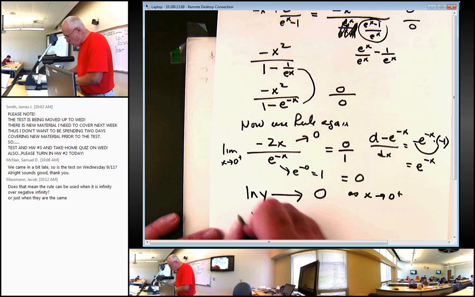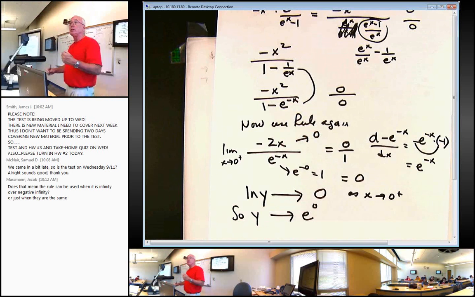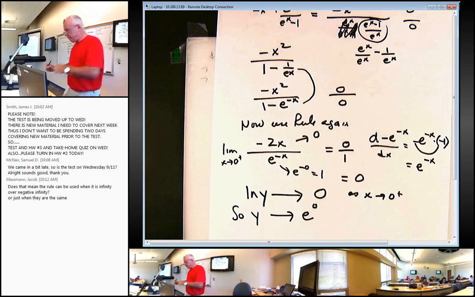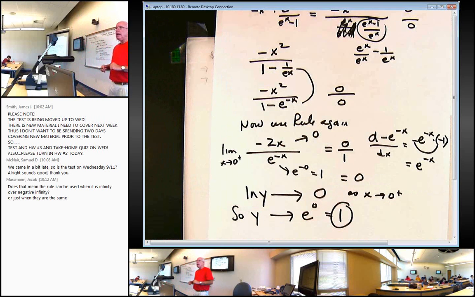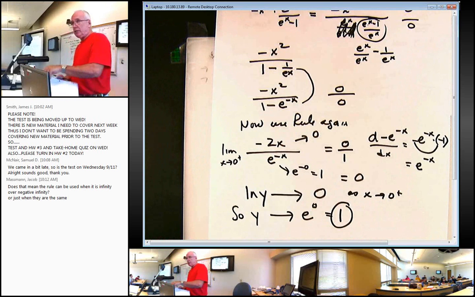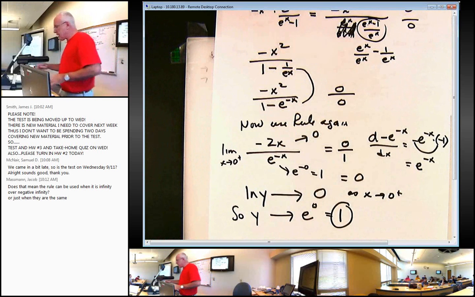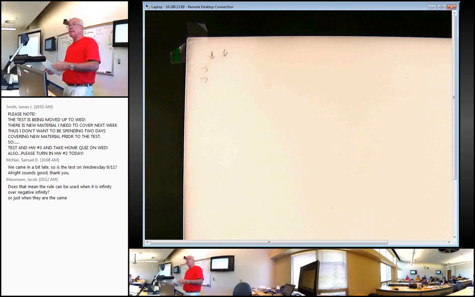So y is going to be approaching e to the 0 power, and what does e to the 0 power equal? 1, right? That is our answer. After all is said and done, we get 1 as our answer. That was the trickiest of the lot. I don't think you're going to have something quite that tricky on the in-class test.